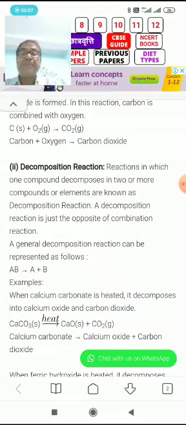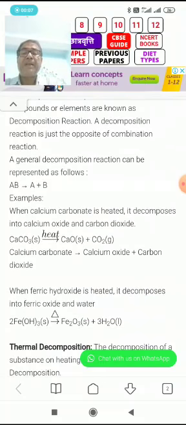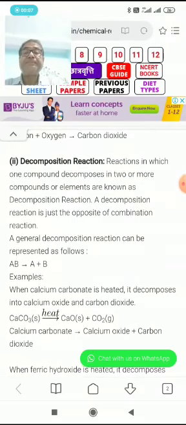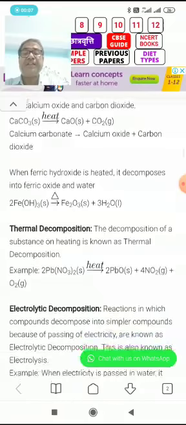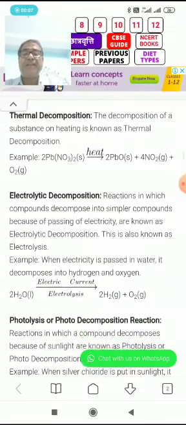Here you see, a general decomposition reaction, AB upon decomposition gives A plus B. Decomposition reactions are of three types: thermal decomposition, electrolytic decomposition, and photo decomposition reaction.